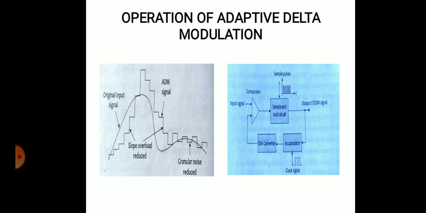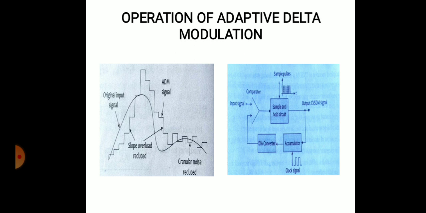Basically, if the input signal is varying fast, the step size is increased, and if the input signal is varying slowly, the step size is reduced. So in adaptive delta modulation, there is a controlling section to control the step size accordingly, and this amounts to discrete changes in the value of step size in accordance with the changes in the input signal levels.